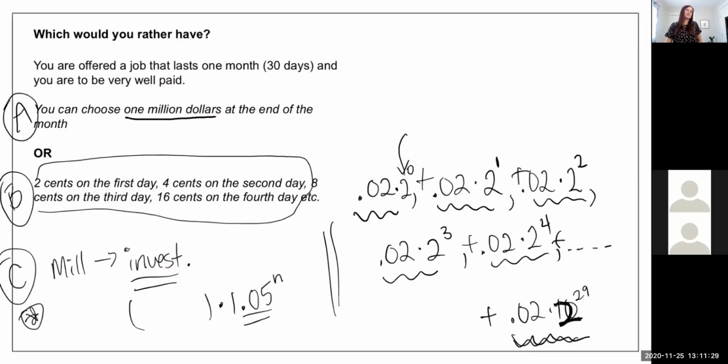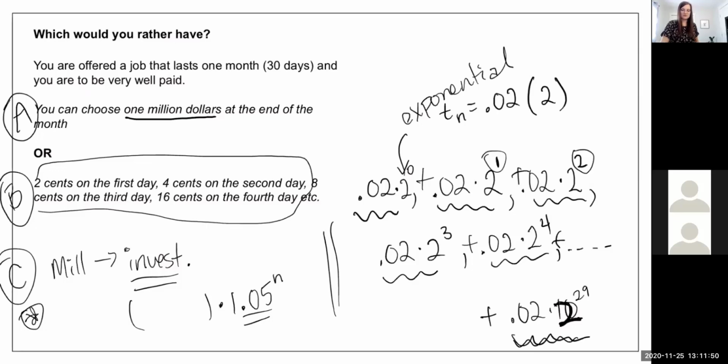So this is an exponential situation because basically you have 2 cents times 2 to the power of something. For the nth day, or f of n or t of n or whatever, for the second day you had a 1, for the third day you had a 2, for the fourth day you had a 3.